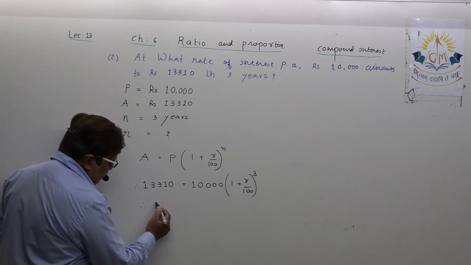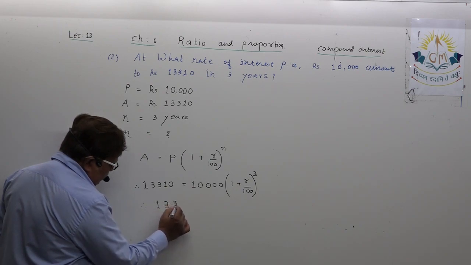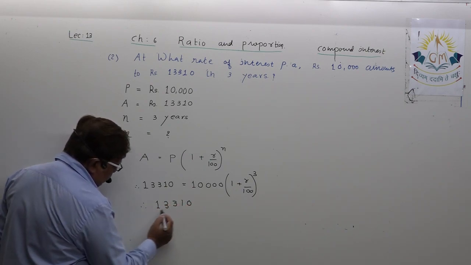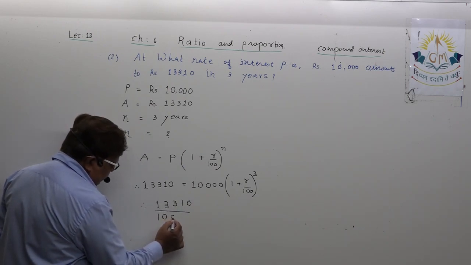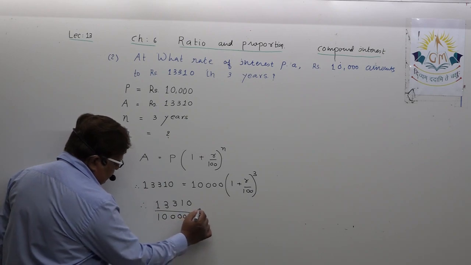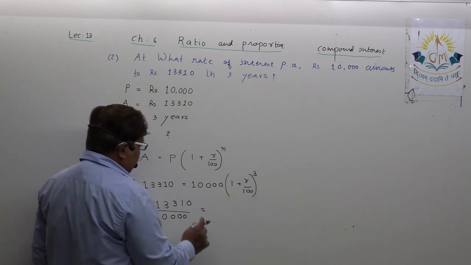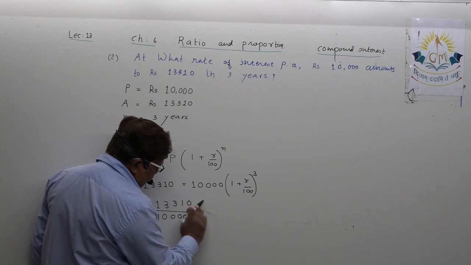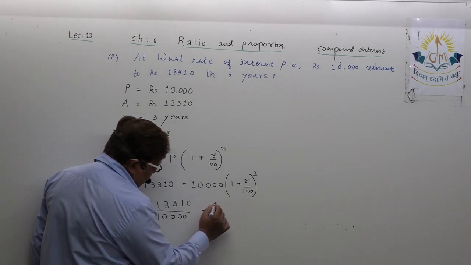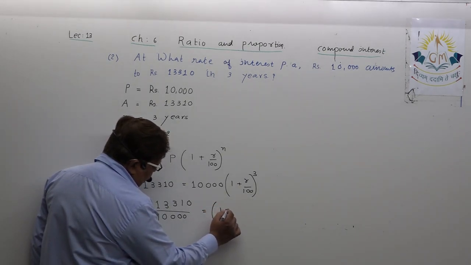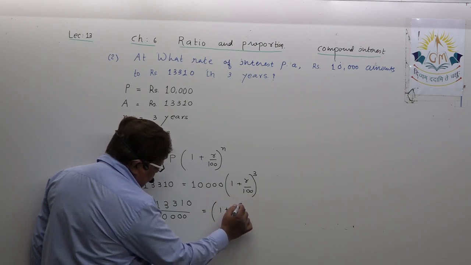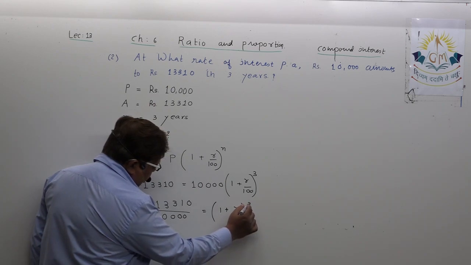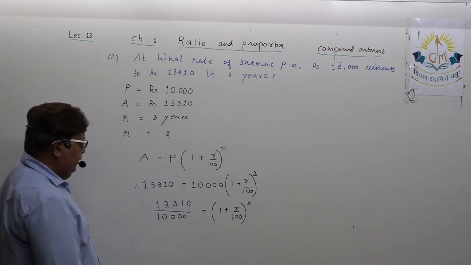So, dear student, this is like this: 13310 upon 10,000. What is left on the right side now? 1 plus r upon 100 raised to the power of 3, dear student.